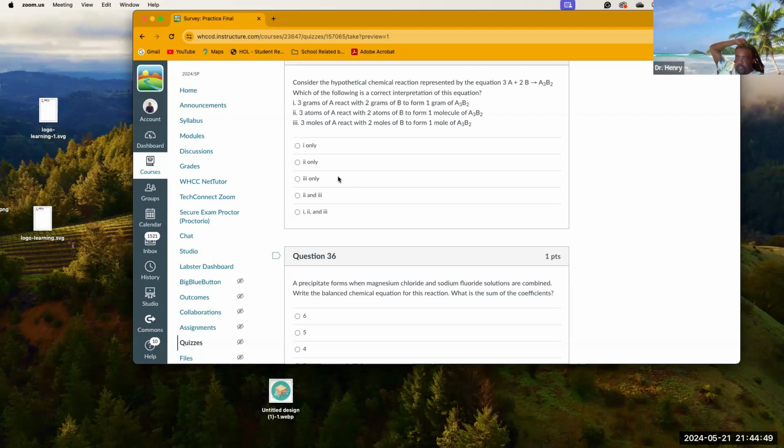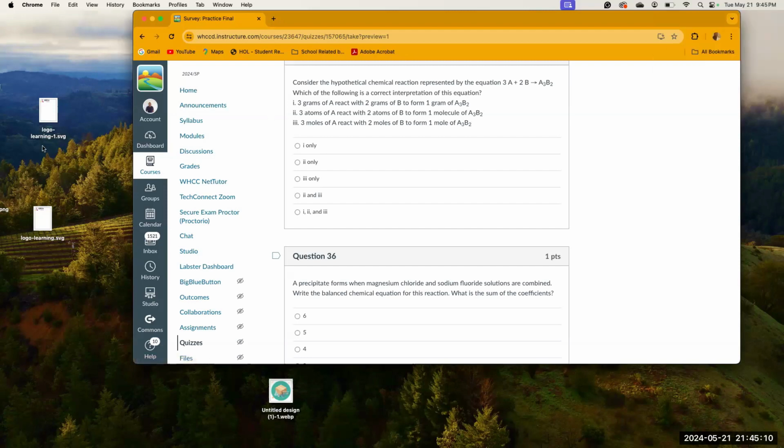Okay. So do you guys think it's one only? Isn't it all three? But no, it isn't all three. Nope, because this is mass, right? Because it's mass, it's not going to be the same as quantity.